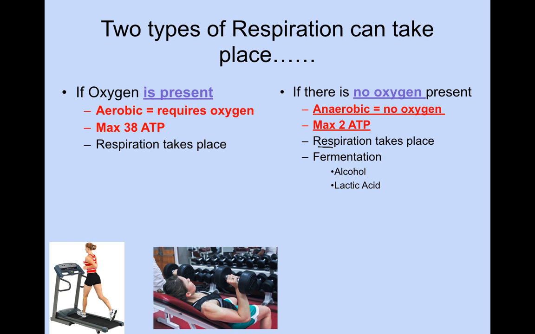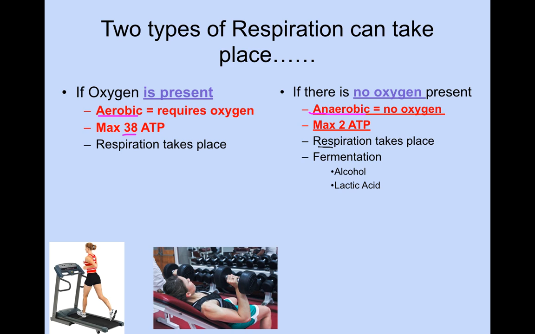So there are two types of respiration that can take place, and it's really whether or not oxygen is present. If oxygen is present, it's known as aerobic, and that requires oxygen. The max ATP is 38. Now, not every individual in all conditions will make 38 ATP, but that's kind of the max amount. If there's no oxygen present, it's anaerobic.